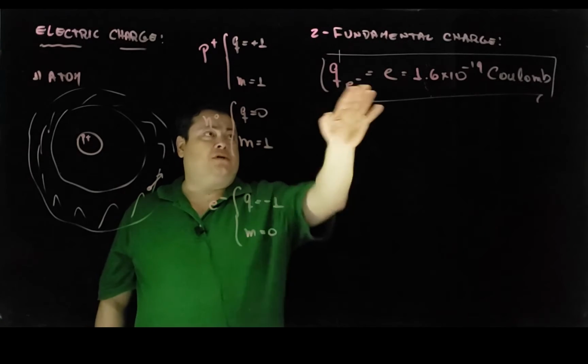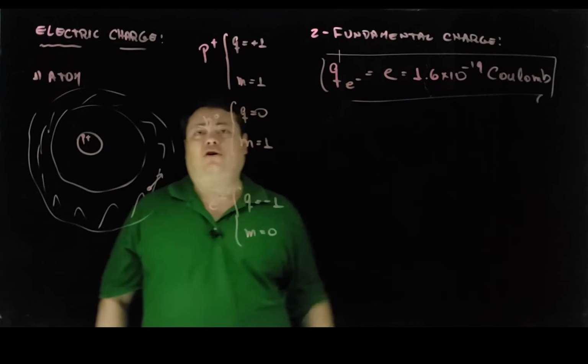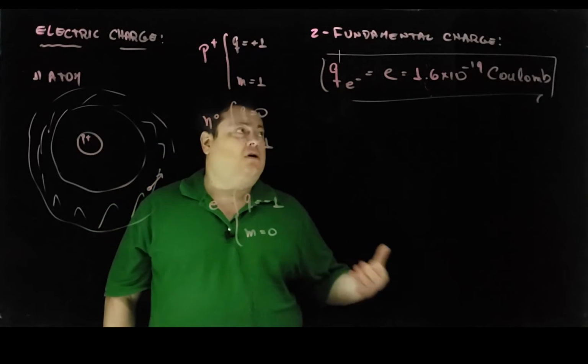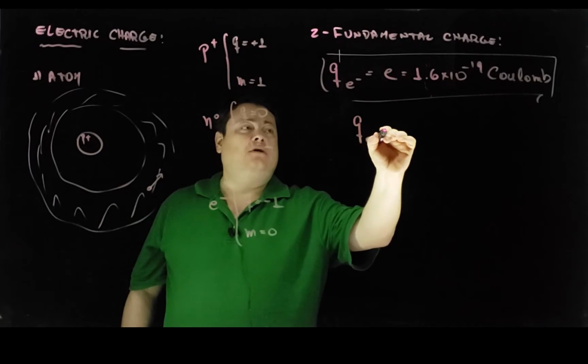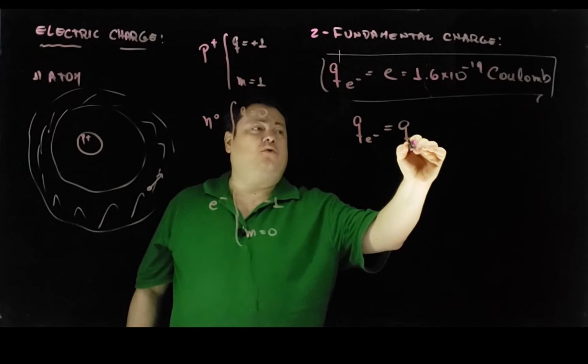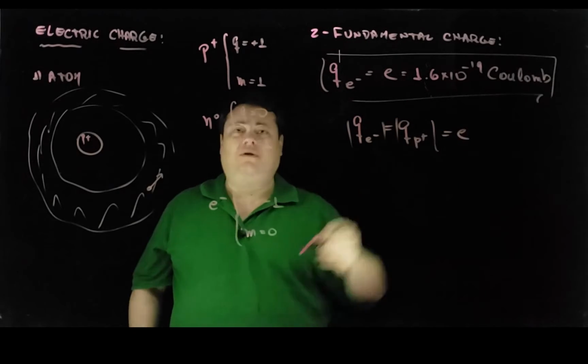We will discuss more about this in the future, but basically this is the smallest charge that we can have around. And the charge of 1 electron is roughly the charge of 1 proton in absolute value, which is 1 fundamental charge.